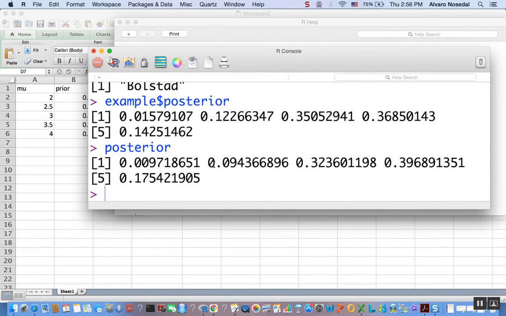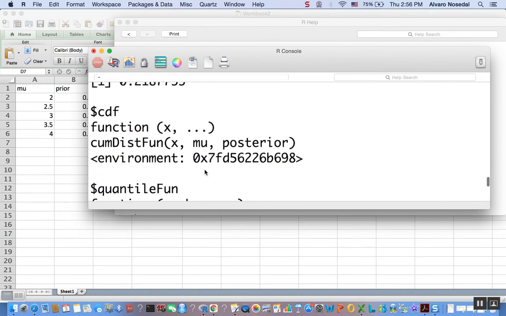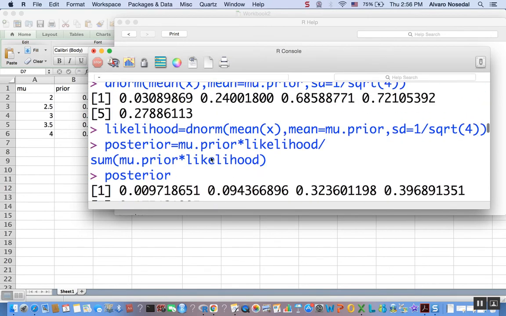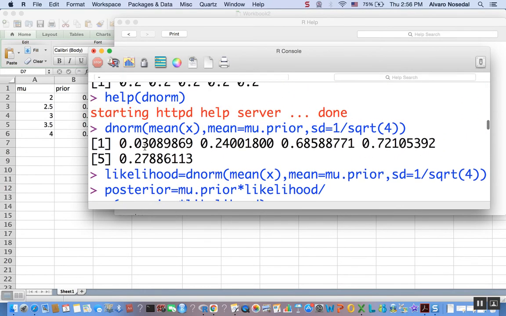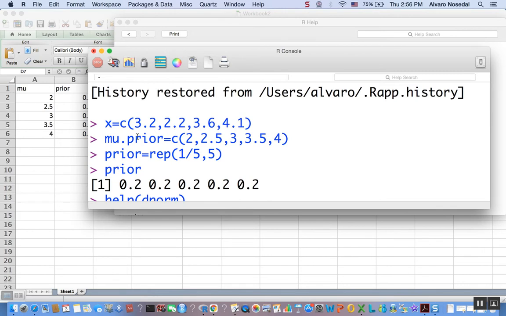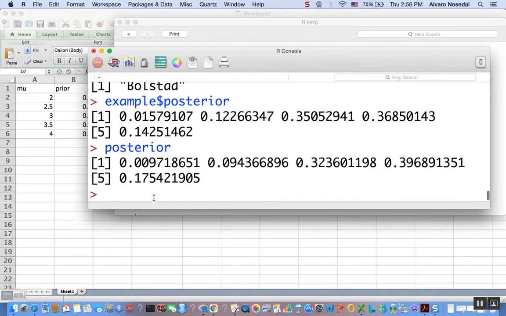Let's do something here, right? Note that let's be consistent with what that function is using. So x, no problem, let's use x.